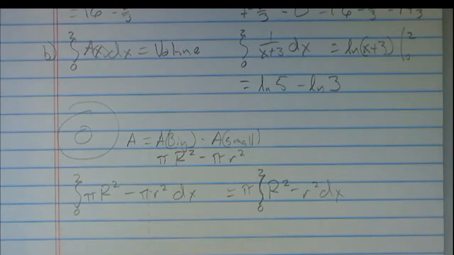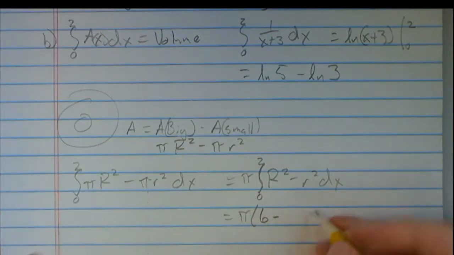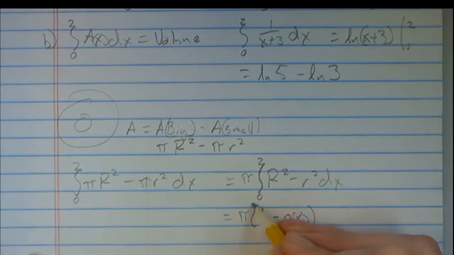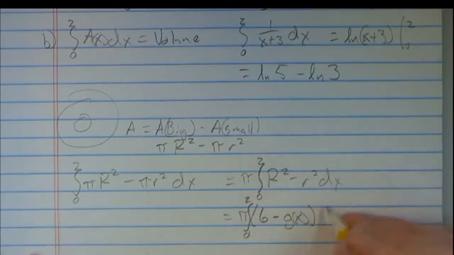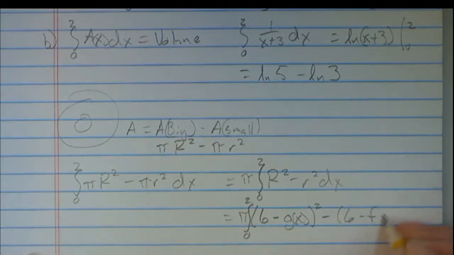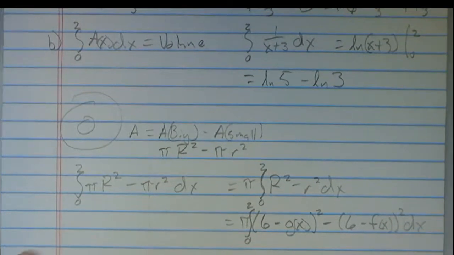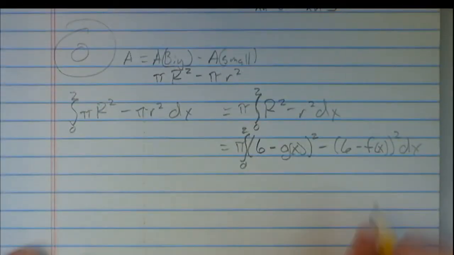Now we just have to find out what the two radii are, and that's 6 minus g of x. That was the big one. Oh, whoops, forgot my integral. Squared minus 6 minus f of x squared.